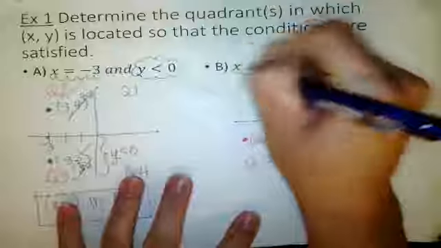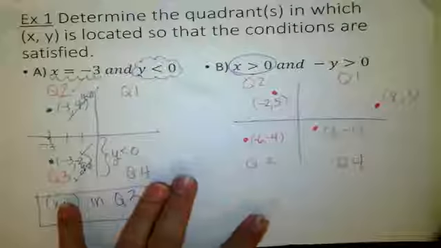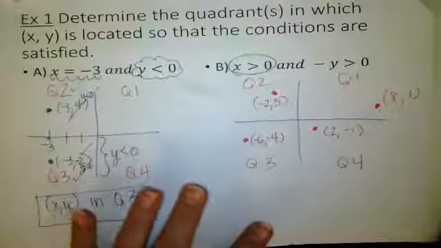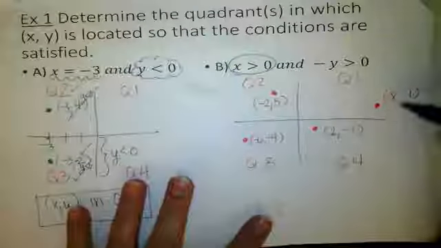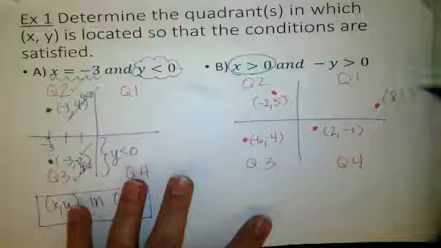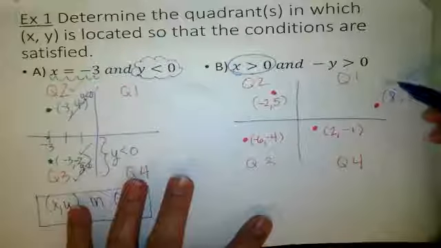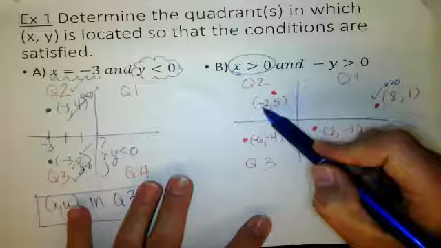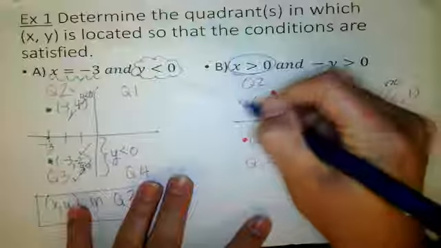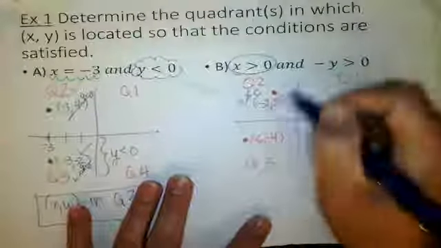My first condition is that x is greater than 0. Since I've got some test points, is this x value greater than 0? Yes, that works. Is this x value greater than 0? No, so that doesn't work.